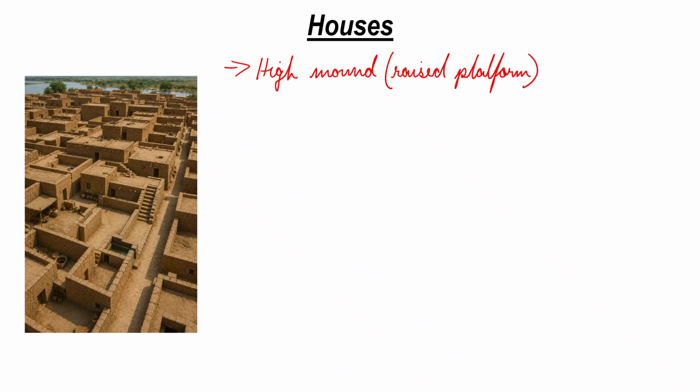So they were built on a raised platform, and it had a set pattern. So all the cities had a pattern, and before building the house, proper designs were made.